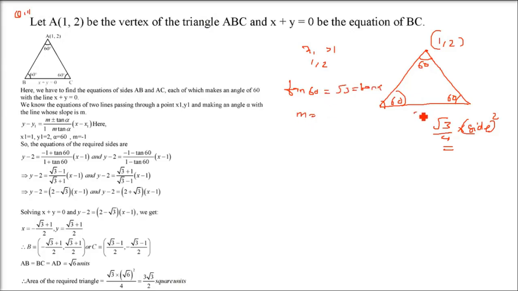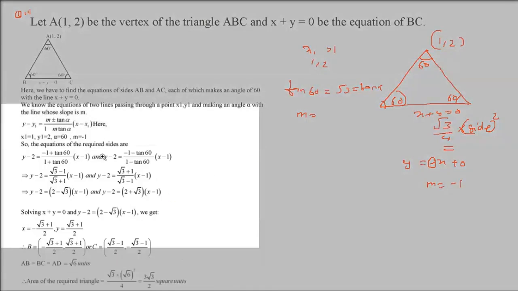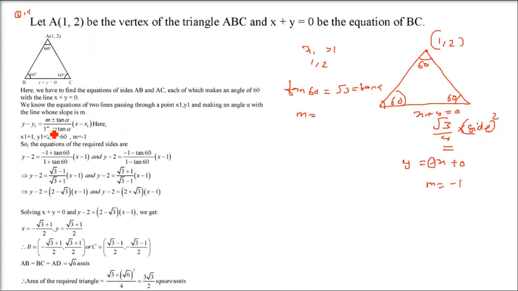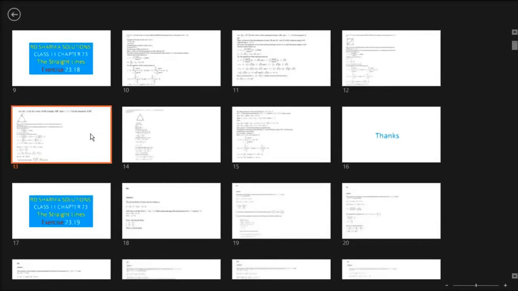What is the equation of the line? x plus y equals 0, so y equals minus x. So m is minus 1 here. So m is known, tan alpha is known, x1, y1 is also known. Just put them in here, plus minus or minus plus. One time you take plus minus, other time you take minus plus.